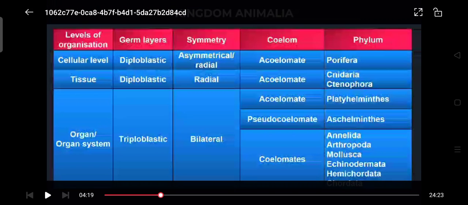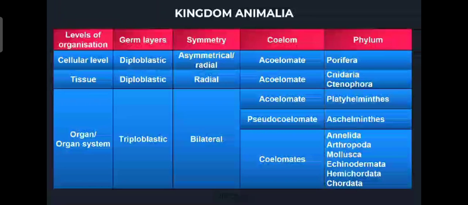Here in this chart you can see the general classification of the kingdom Animalia depending on the basis of classification. So which are the bases we have studied? Levels of organization, germ layers, symmetry, coelom. So depending on all these characteristics, how the phyla are made. So here you can see Porifera is there in the last column. Porifera, Cnidaria and Ctenophora.